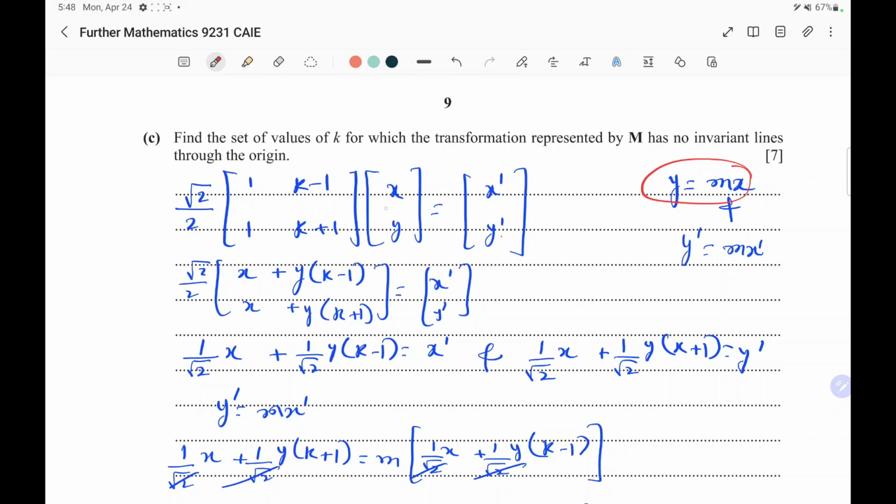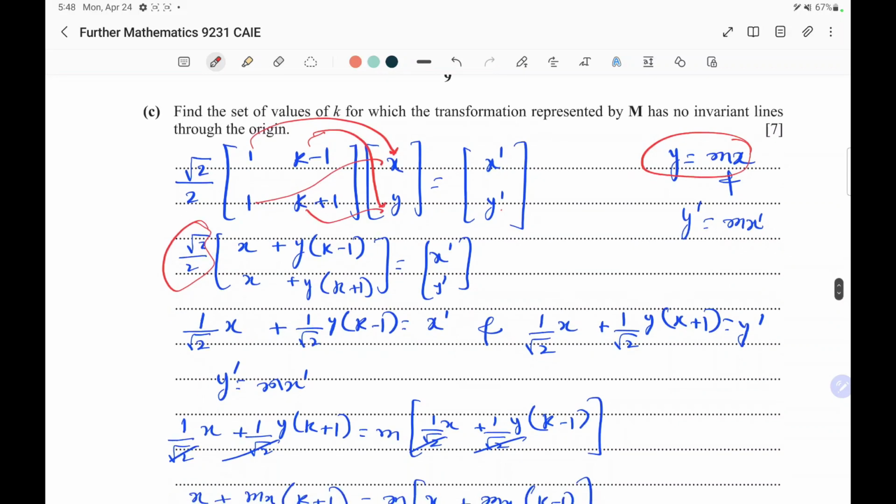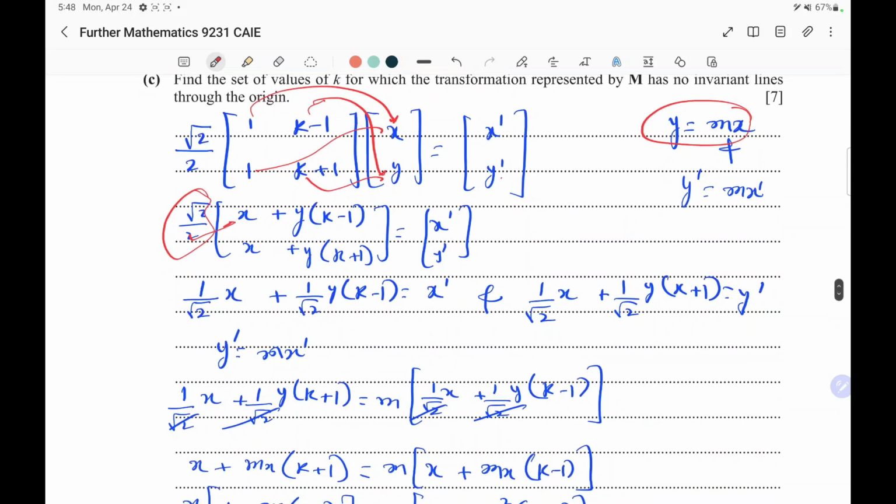So then just multiply. I took root 2 over 2 outside, then 1 times x and k minus 1 times y. Again 1 times x, k plus 1 times y. Root 2 over 2 is 1 over root 2 basically. So 1 over root 2 x plus 1 over root 2 y times k minus 1 equals x dash. 1 over root 2 x plus 1 over root 2 y times k plus 1 equals y dash.